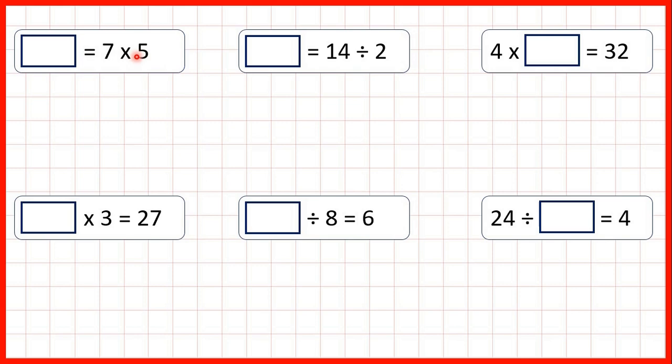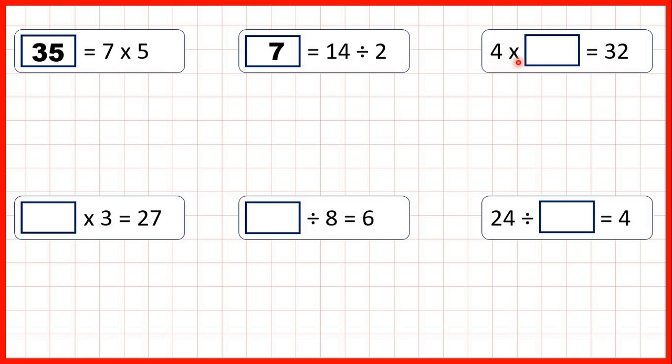So 7 times 5 is 35. Now something equals 14 divided by 2. Again, all we have on this side of the equal sign is an answer box, and 14 divided by 2 is 7, because 7 times 2 is 14, so that's our answer.